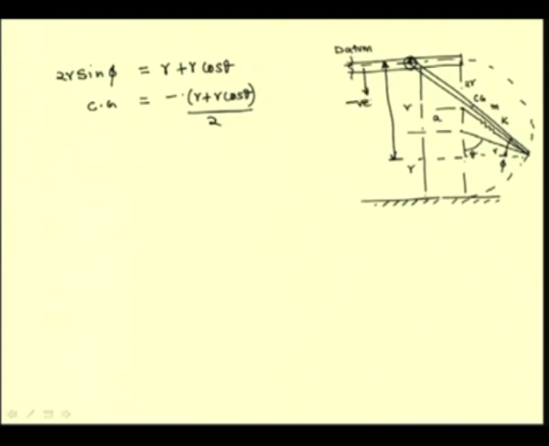So the CG is located at a distance of minus r plus r cos theta by 2.